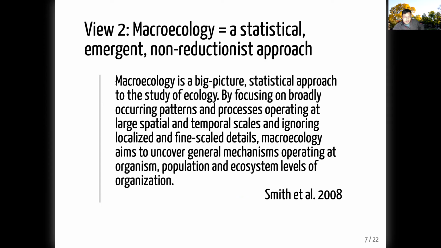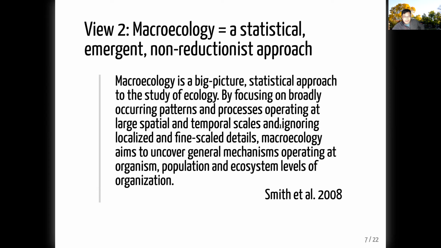Macroecology is a big-picture statistical approach to the study of ecology by focusing on broadly occurring patterns and processes operating at large spatial and temporal scales and ignoring localized and fine-scaled details. So, ignoring details, macroecology aims to uncover general mechanisms operating at organism, population, and ecosystem levels of organization.